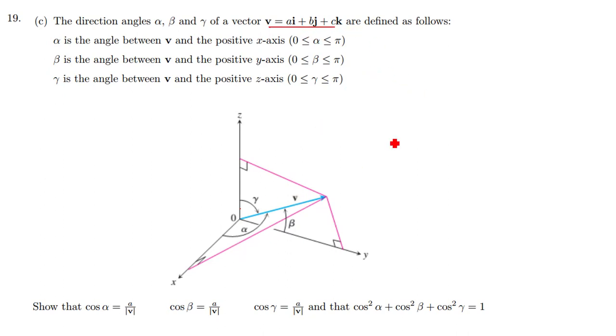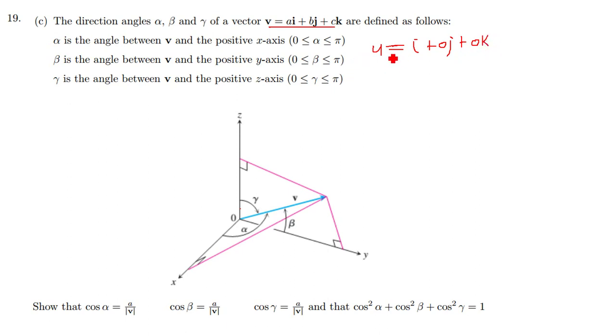So I will name my x vector u. My u is going to be in the x-axis. It's going to be a unit vector, meaning it has magnitude 1. So I'm going to have i plus 0j plus 0k.